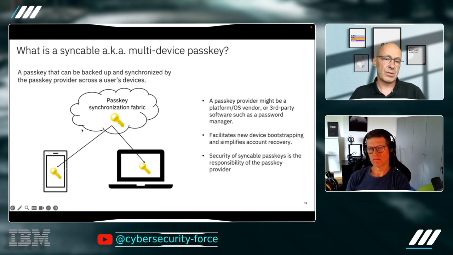And for that, as you can see on the picture here, you have these so-called synchronization fabrics. This is the system that allows you to synchronize. For example, within the Apple ecosystem, this is the iCloud keychain. So you create a passkey, it's everywhere on your devices. If you delete it, it's deleted everywhere.